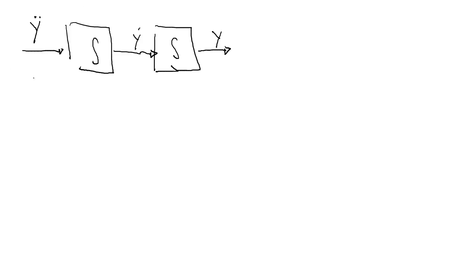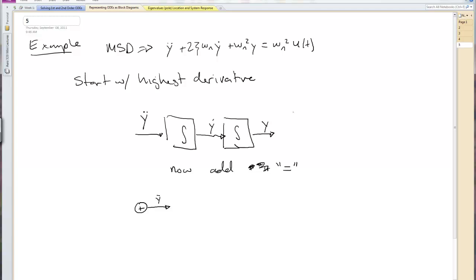So now we can add the equals sign. The way we can do that is to say, I've got to have this summation, and what comes out is that y double dot.